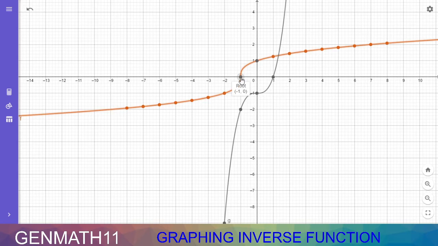So, ang x niya, naging y ni inverse function. Okay? Dito din, 1. Siya naman yung domain ng ating inverse function, while the other one dito is the range. So, ibig sabihin, yung graph na itong nasolve natin kanina is the reflection of the original function, which is the f of x is equals to the cube root of x plus 1.